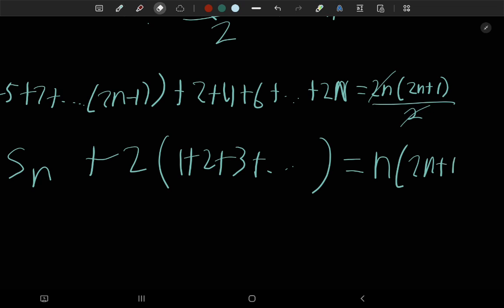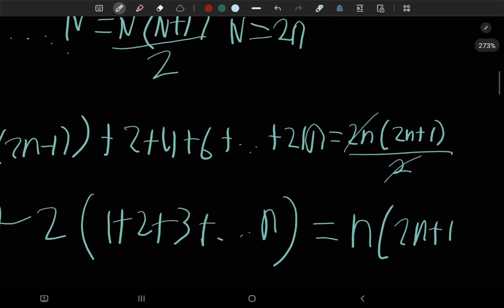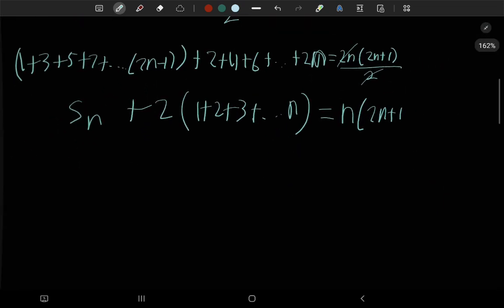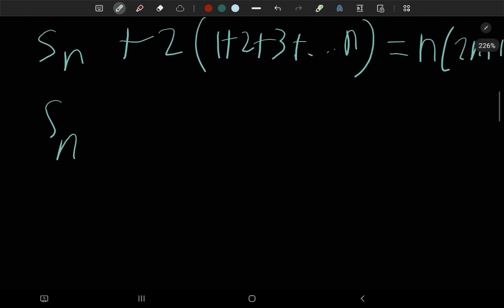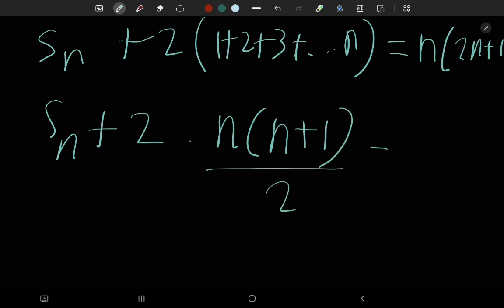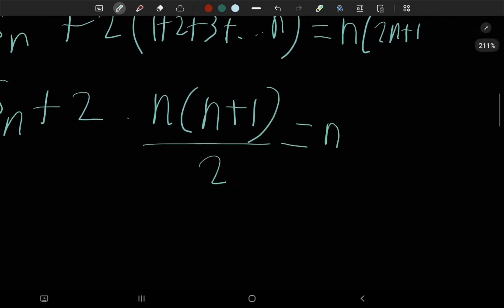Sorry, I meant this n. Okay, so using the same equation, we get that Sn plus 2 times n times n plus 1 over 2 is equal to n times 2n plus 1.